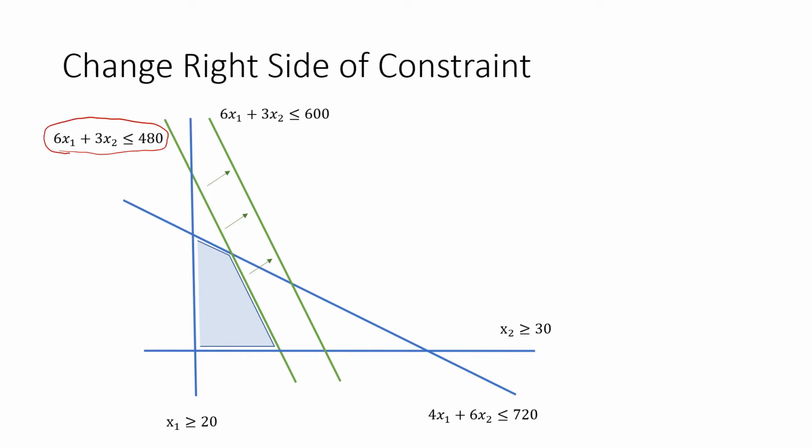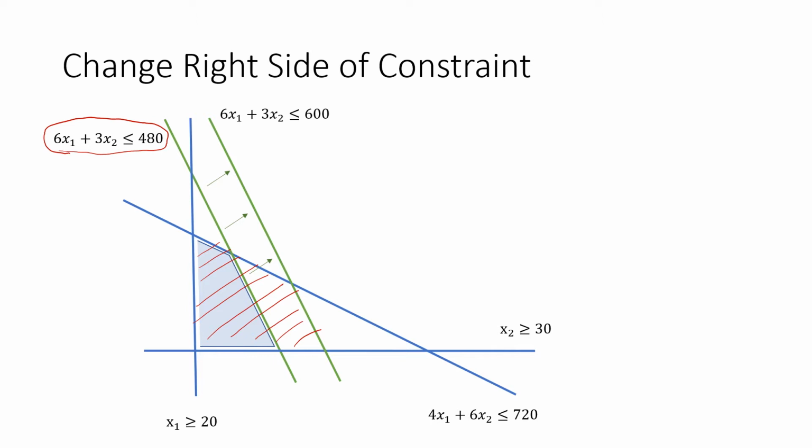I think that's the second constraint. And we're saying, okay, what if, instead of having 480 hours available, we get 600 hours? What does that do? Well, remember, this is a line that is defining our feasible region. So our feasible region goes from being the original feasible region to an expanded feasible region.